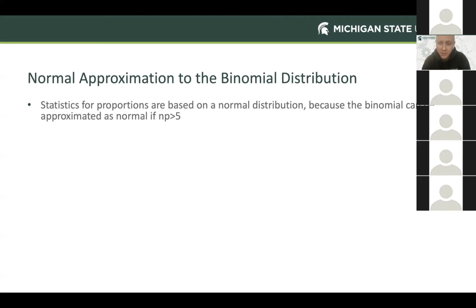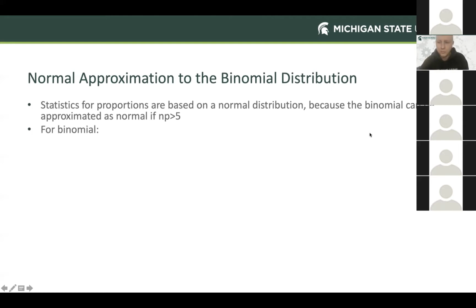So here N is our sample size and P is that proportion. And so if we had a sample size of 10, and the probability of falling into a group of interest is 0.5, that's essentially the cut point. That would allow us to assume normality. And so generally speaking, when we're testing proportions, we'll rely on the standard normal distribution for our test statistic, as we'll get to in a few minutes here. Okay.